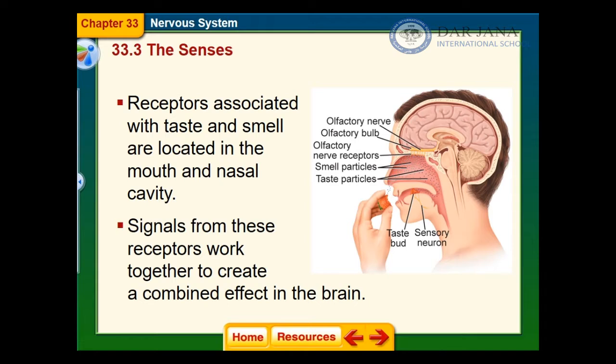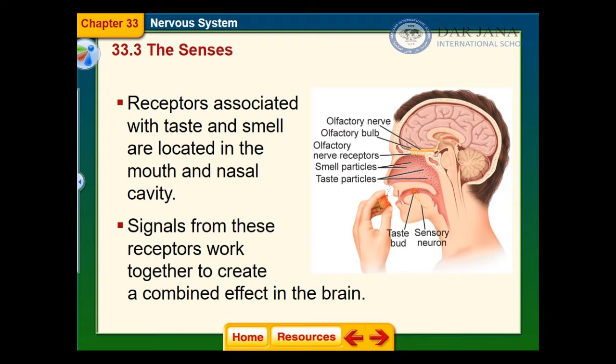So, as you can see in this figure here, in the mouth we have the taste buds and other sensory neurons which are sensitive to chemical substances. They are stimulated by chemical substances.